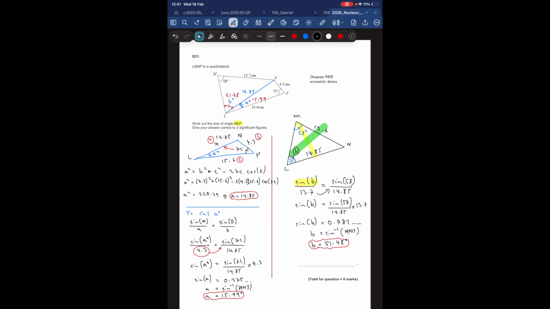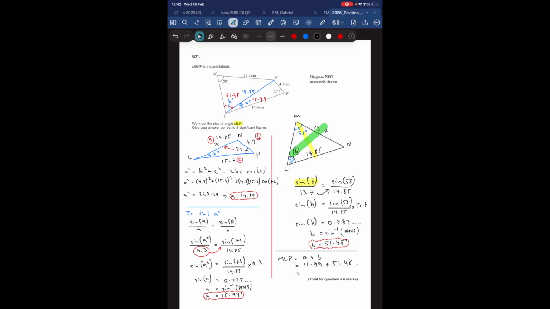So the last step in the calculation is to calculate the angle MLP. So I'm just going to draw a line to separate my work. For the angle MLP, we just need to add up the two angles together. So angle MLP is this whole angle here. It's going to be angle B plus that angle A. So I'm just going to write A plus B. That's going to give us 15.99 plus 51.48.